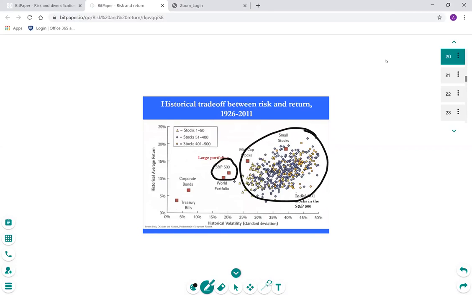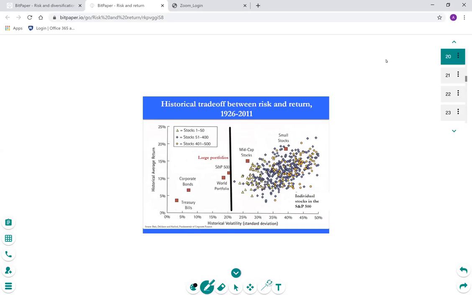So we see that it has about the average return of all the individual stocks. It's about in the center of this cloud. If we draw a horizontal line, it's about right down the middle of that cloud. But it's all the way over to the left of all the individual stocks.